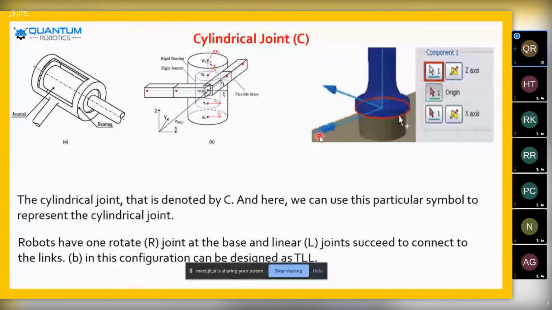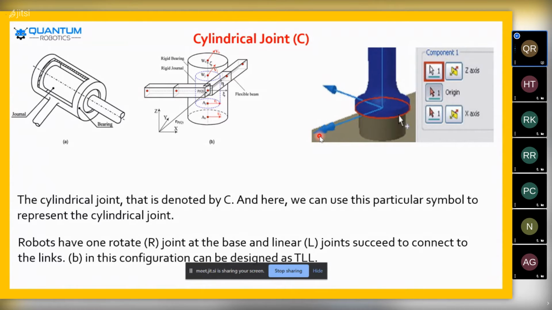Cylindrical joint, yeah. The cylindrical joint is a major part of the joints we use in robots, and it plays the key role in making the robot work in a precise and most accurate manner.